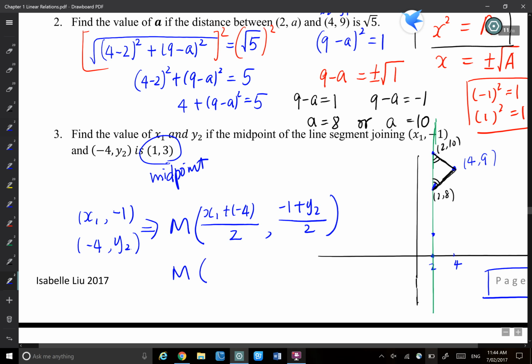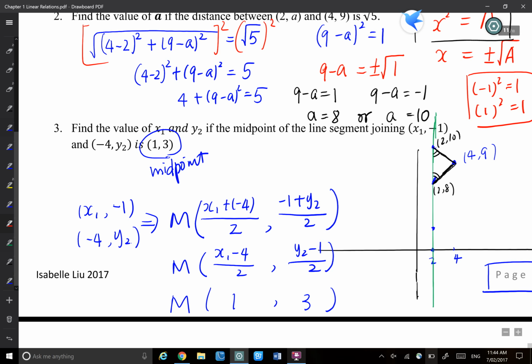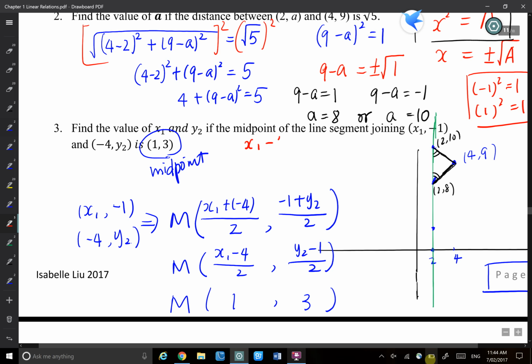That is the midpoint in terms of x1 and y2. If you simplify that, it's (x1 minus 4) over 2 and (y2 minus 1) over 2. And now you know that the point should be 1, 3. So (x1 minus 4) over 2 equals 1 and (y2 minus 1) over 2 equals 3.